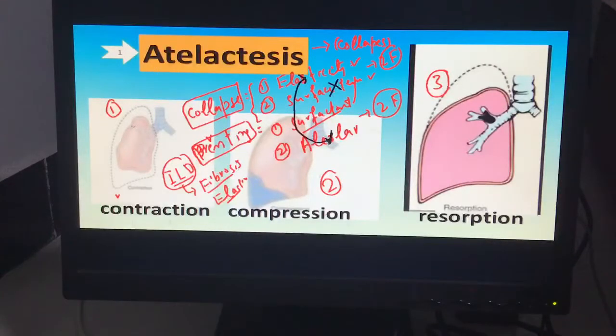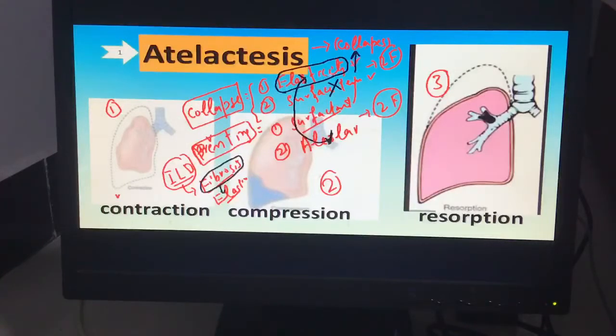So what happens in contraction collapse? It is mostly seen in patients with interstitial lung disorders. In interstitial lung disorder, what happens inside the lung is fibrosis. With fibrosis there is more deposition of elastin in the wall of the alveoli. What happens with the elasticity? This force increases too much.